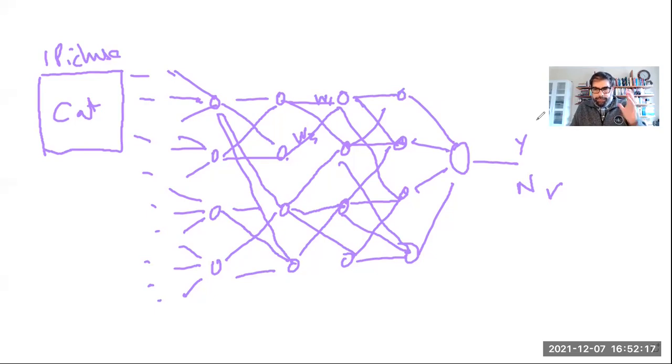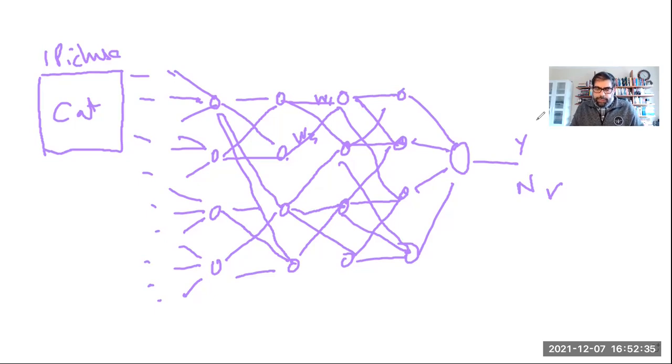So next time another picture of a cat is shown to this neural network, it will try to use the same weights, but if it makes a wrong decision, it will make certain changes in those weights, and this cycle will continue.